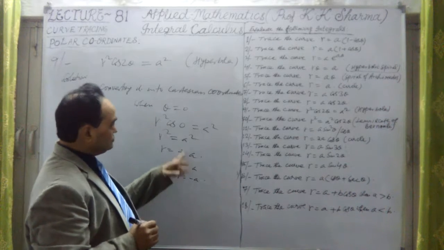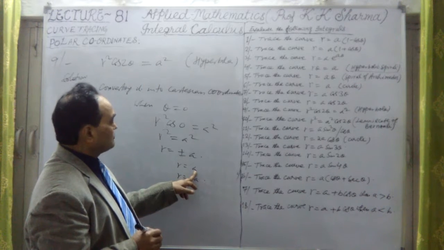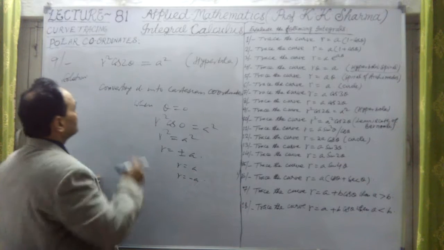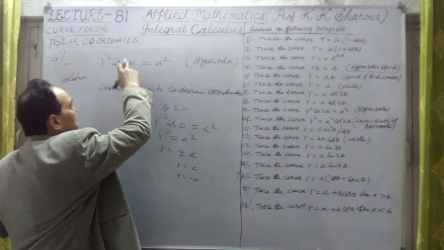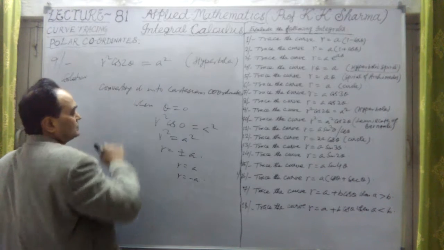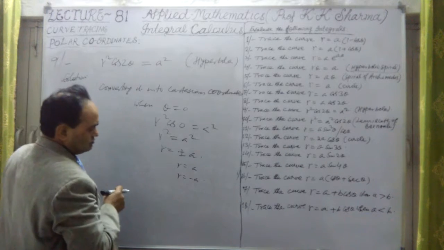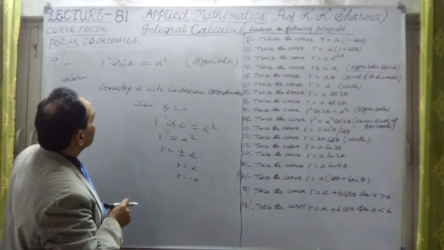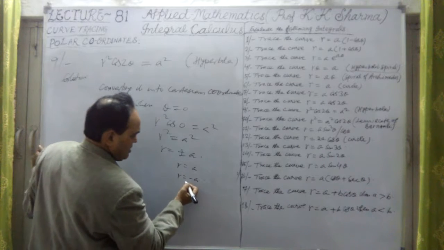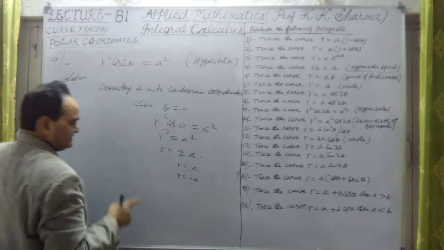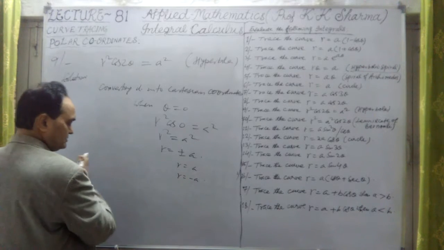So at 0 degrees, the value of r is plus or minus a. At theta equal to pi by 2, cos 2 theta is not defined for real r. So the maximum value of r is a and minus a is the minimum value.